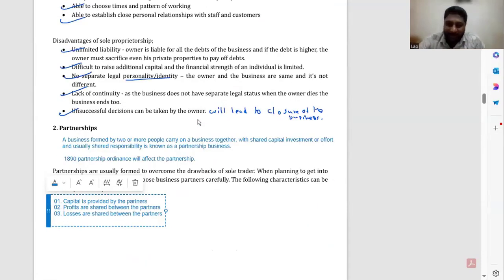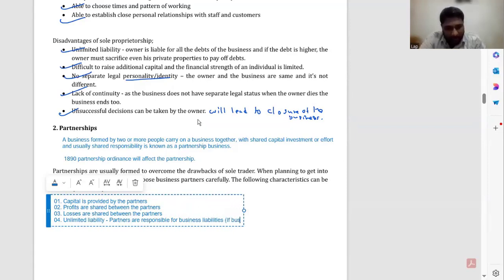And fourth one, I'm not going to explain again. Unlimited liability. That means partners are liable or responsible for business liabilities.